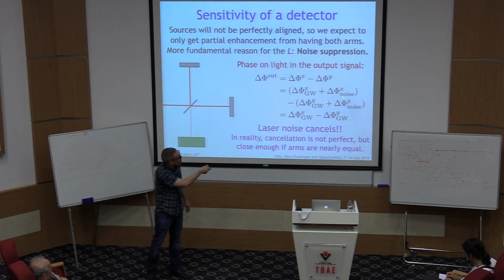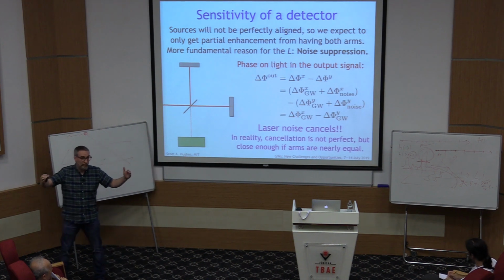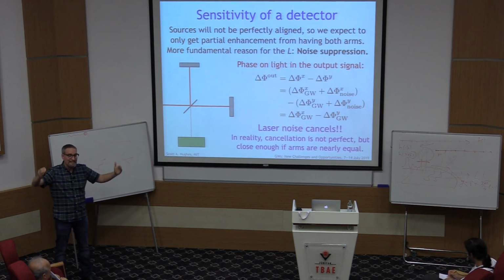Because my X arm noise is exactly the same as my Y arm noise, the variable that I actually read out cancels it. If you do this perfectly, your interferometer is not sensitive to the laser phase noise.